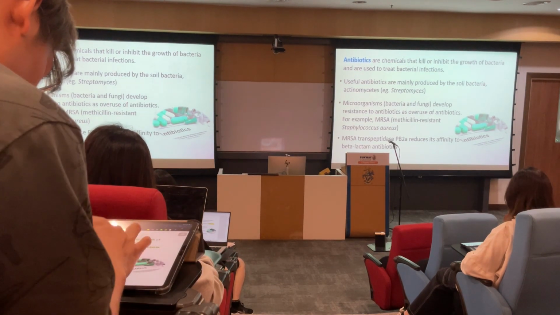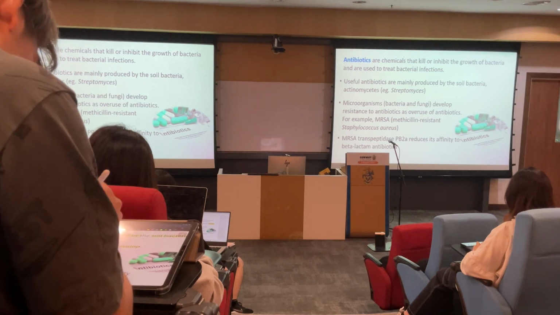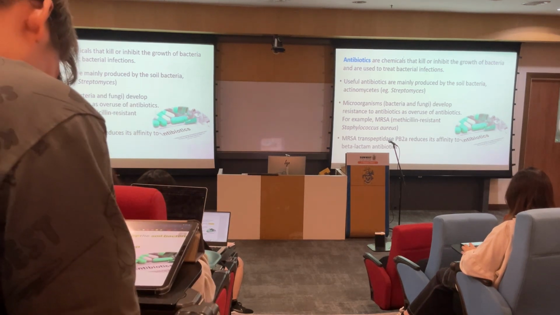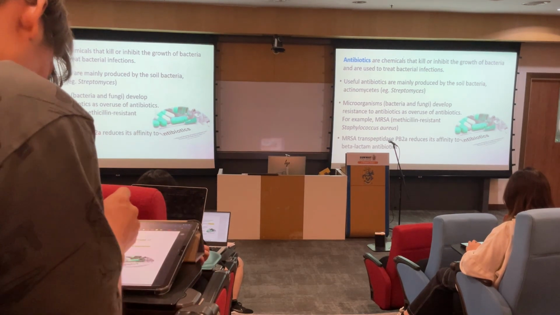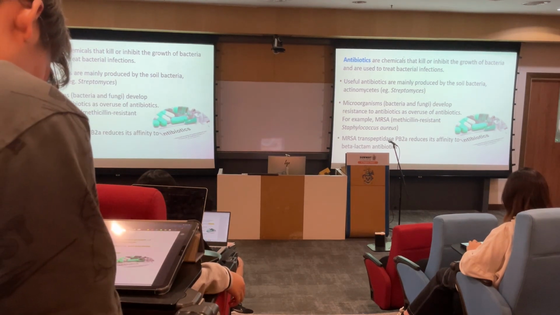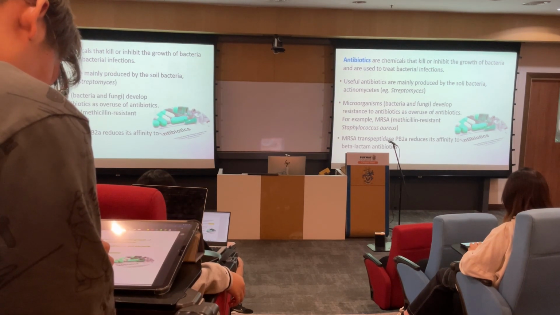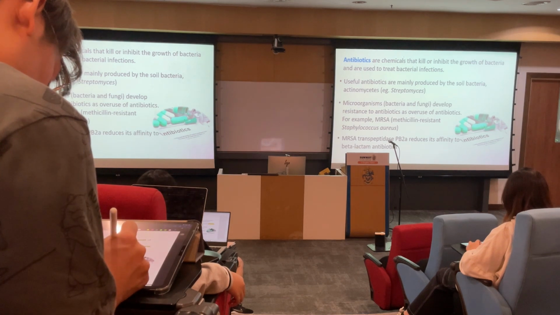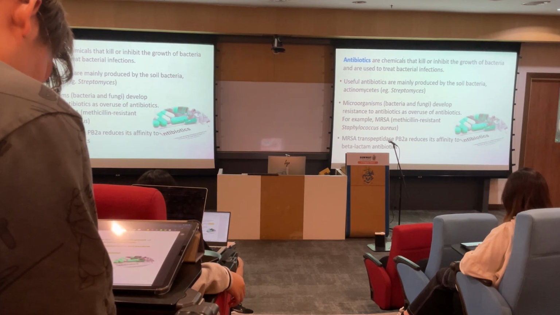And here, the reason is that MRSA has this transpeptidase. You remember when Staph aureus is making their cell wall, they have this transpeptidase. You go back to chapter 2, it helps to build the cell wall.